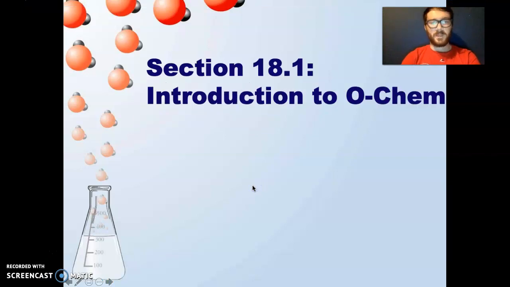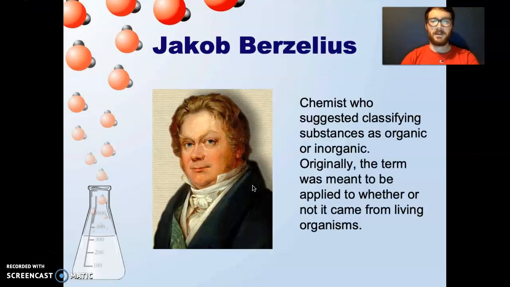All right, Introduction to OChem, Organic Chemistry. It all starts with this guy, Jacob Berzelius. Jacob Berzelius classified things as organic and inorganic. Originally he meant them to be whether or not they came from living things or non-living things.